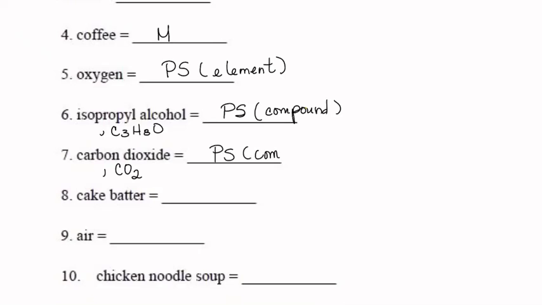This is a compound. Somebody brought up something interesting in the chat, and let me just discuss this. Rubbing alcohol, or whenever you have alcohol bottles that you buy at the pharmacy, you may notice that it has a percent: 70%, 60%, even 90%, right? Whenever you're buying those that you have at home, those are going to be mixtures, because the reason they give you a percent is because they're telling you that out of this bottle, 70% of it is the alcohol, but the rest of the percentage is water.